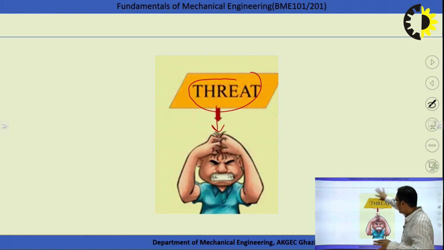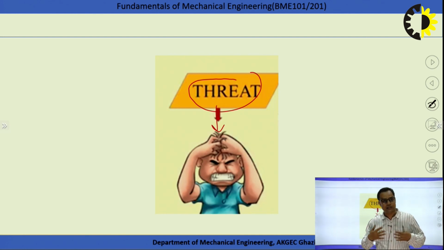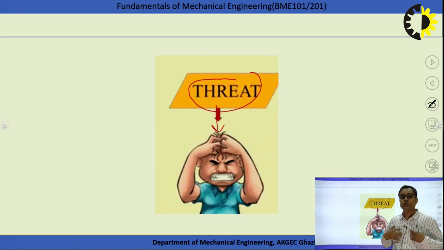So a threat may be anything to a human being. If I am stressed, it may be due to any reason, and my body will respond. And what is that response? There may be a possibility the blood pressure will increase, the weight problem will increase, the hypertension will increase, just like this.